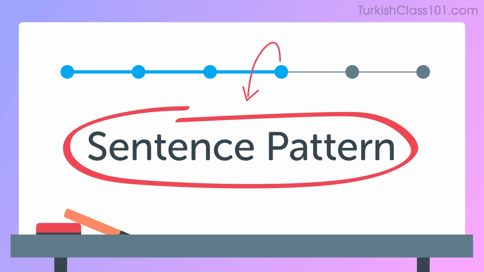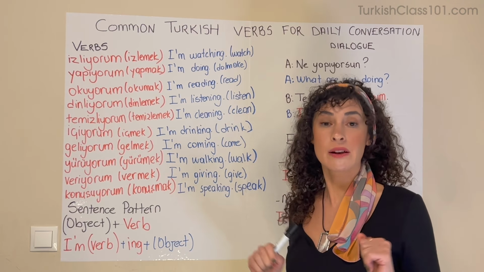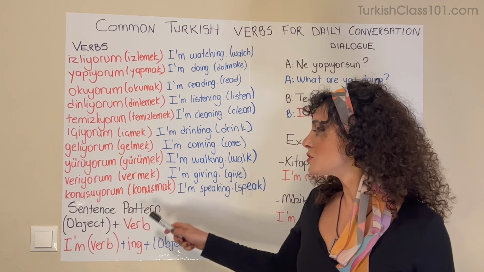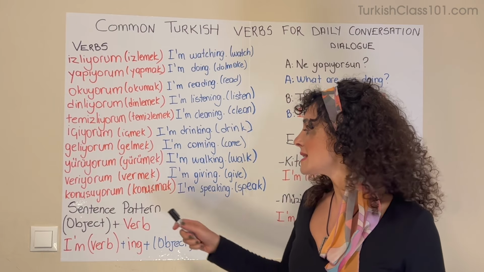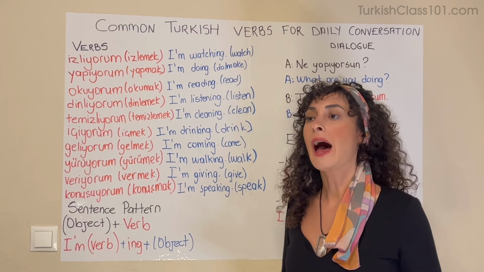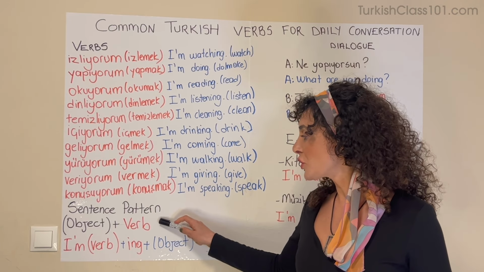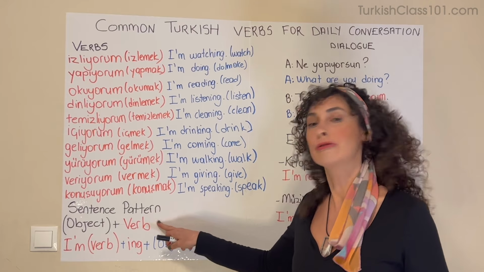Okay, you saw the examples, and let's go over the sentence pattern one more time. As you can see, first we have the object, then we have the verb. And in Turkish, everything is in the verb.